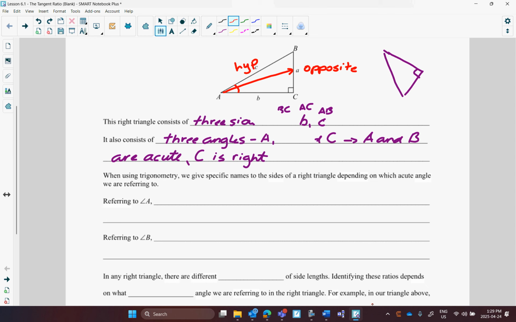And the third side, which you can really just get by elimination, little b, is called the adjacent, because it's beside angle A. Adjacent means beside. So if we're talking about angle A, little a is opposite.